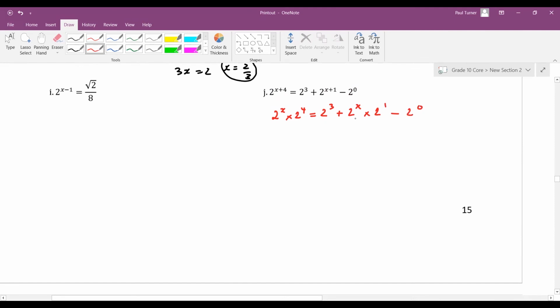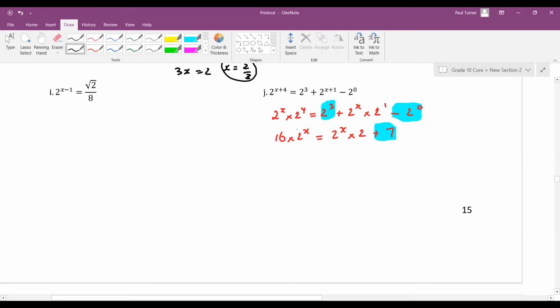Okay, so what I did here, this would be 16 times 2x equals 2x times 2 plus 2 cubed, which is 8, and 2 power 0 is 1. So this would be 7. So 2 cubed is 8 minus 2 power 0, which is 1. So that will give you 7 here.